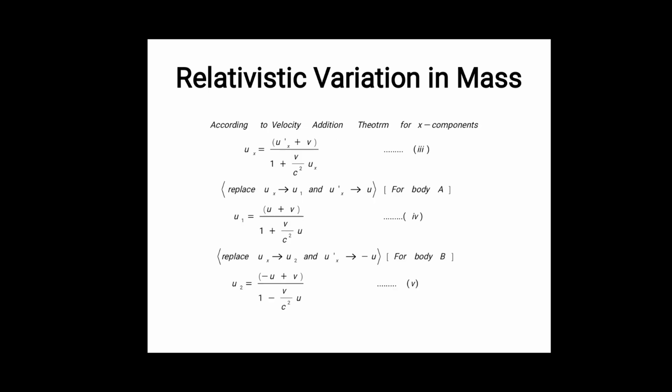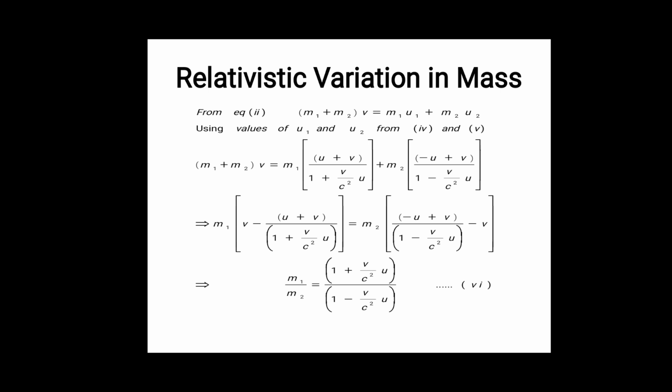As all the speeds are in the x direction, the velocity addition theorem for x components of velocity of an object can be applied to velocities u1 and u2. Replacing ux with u1 and ux dash with u in equation number 3, we get the answer for u1 for body A, and similarly replacing ux with u2 and ux dash with minus u in equation number 3, we get u2 for body B, as given in equations number 4 and 5.